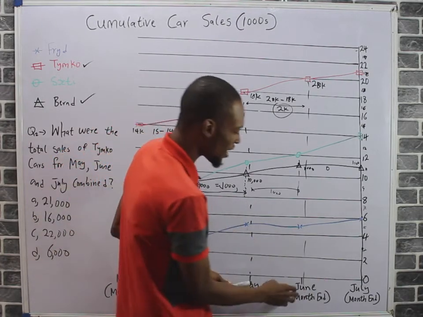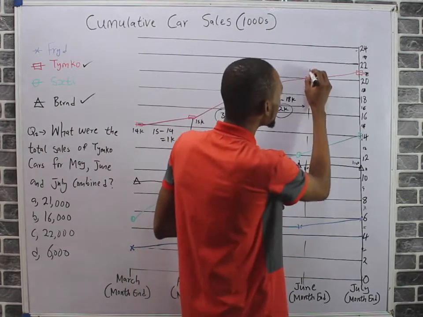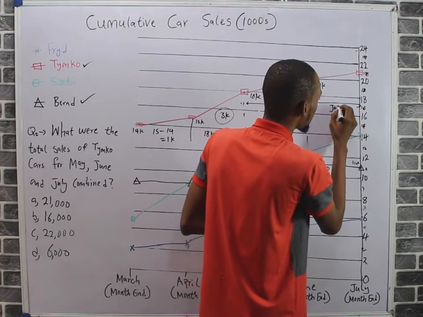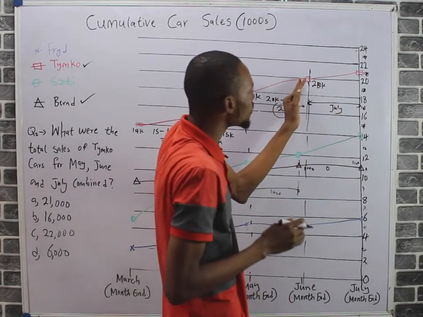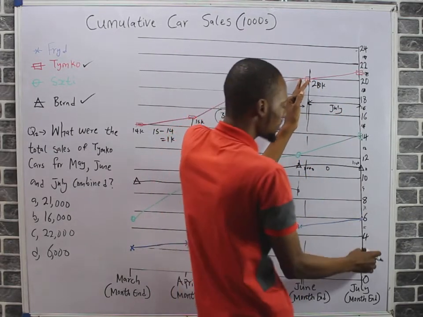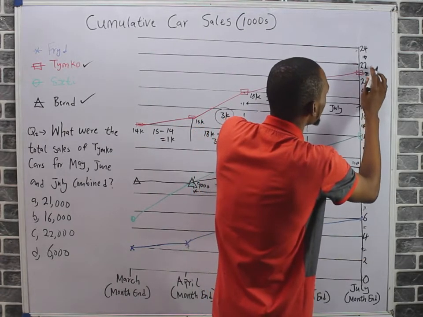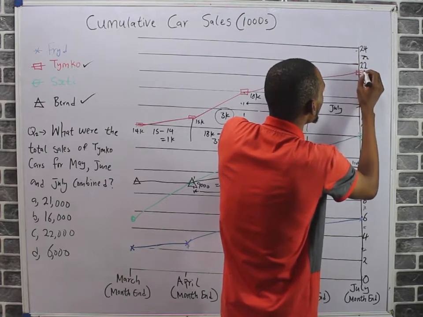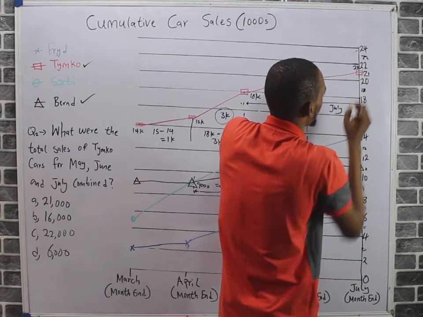Now, remember, June month end. June ends here. From here to here represents July. And between the ending of June and the ending of July, they made, this is 21 and this is 22. So they made 21K.